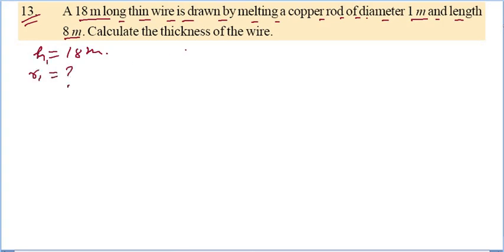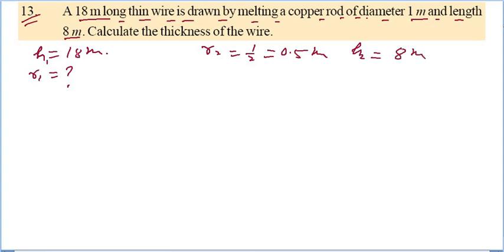We want to find R1. For the rod, the diameter is 1 meter, so R2 is 1 upon 2, that is 0.5 meter, and the length H2 is 8 meter.